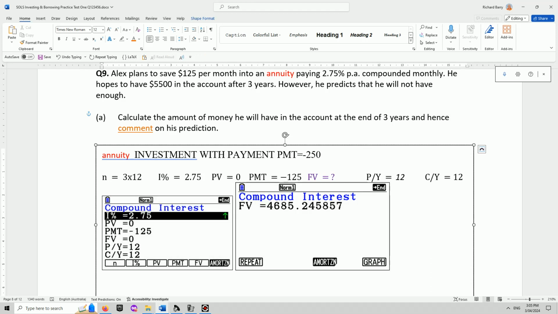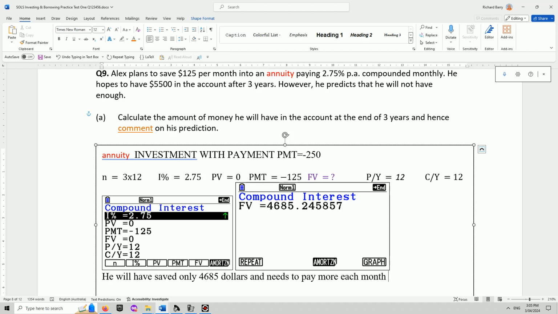So, he will have saved only $4,685 and needs to pay more each month.